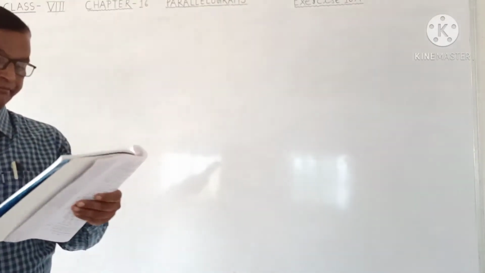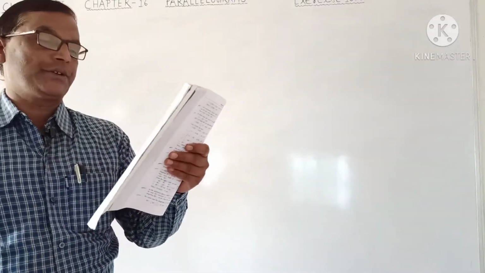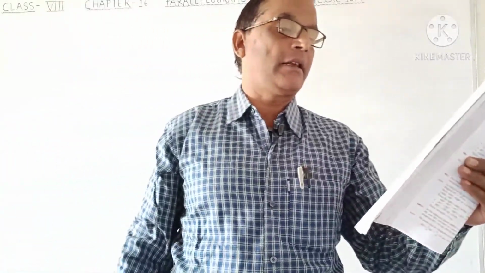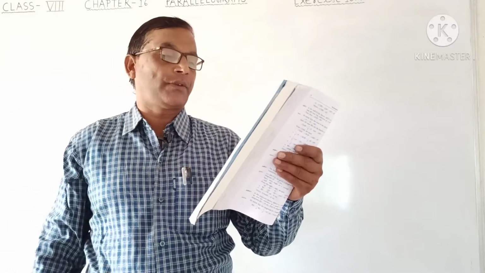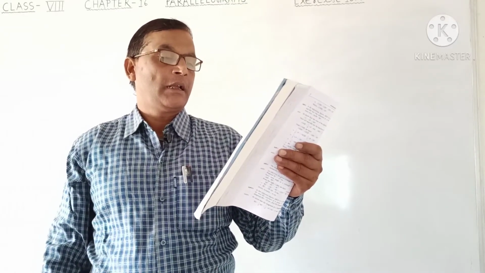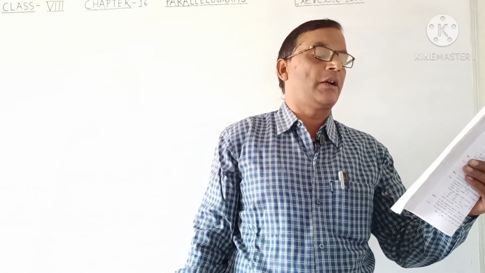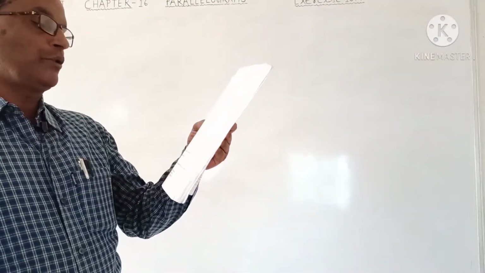Now, question number 8. In the adjacent figure, ABCD is a rectangle, and if BM and DN are perpendiculars from B and D on AC, prove that triangle BMC is congruent to DNA. Is it true? BM equal to DN?